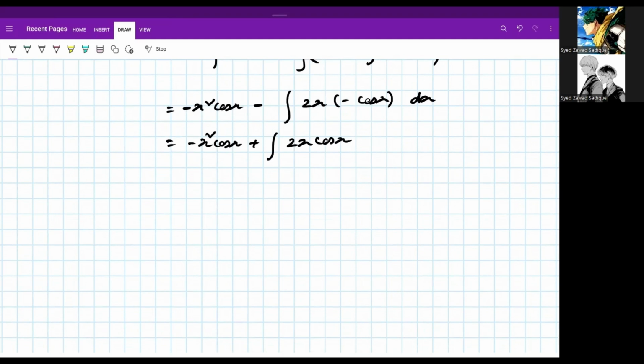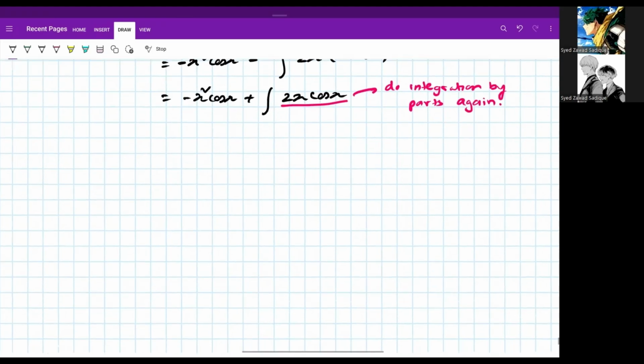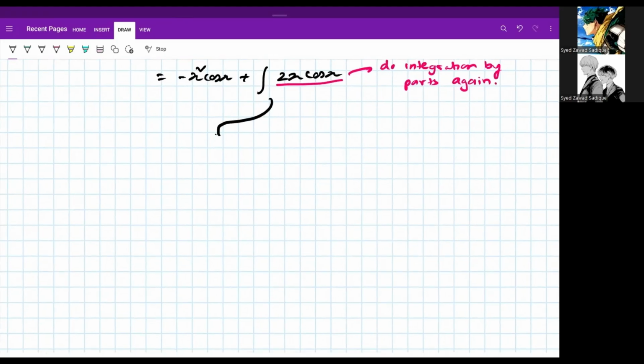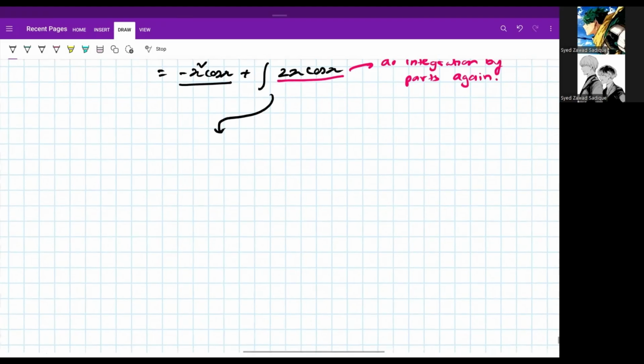Now, do you guys see a problem? This is also in the UV format. So what we have to do is integration by parts again. Keep this constant; we'll carry it forward in a bit.